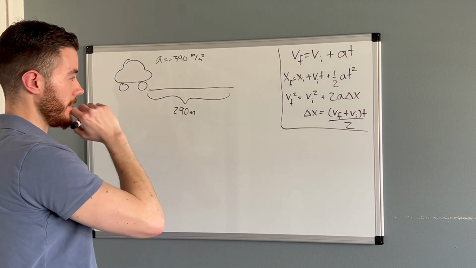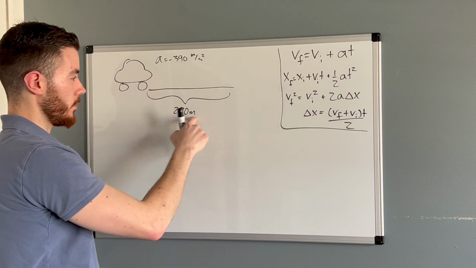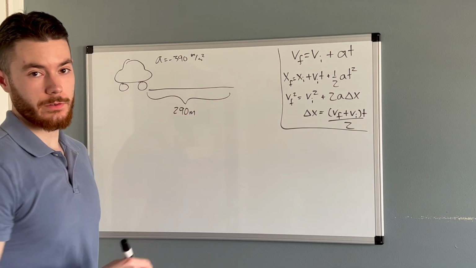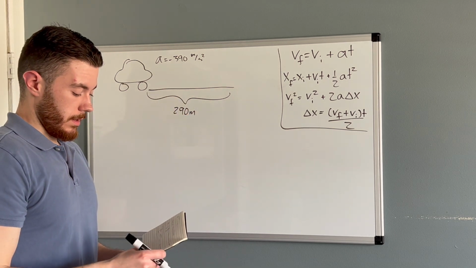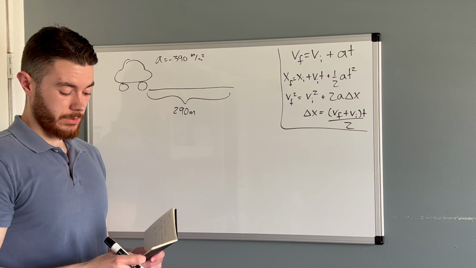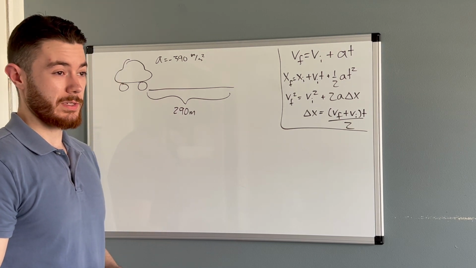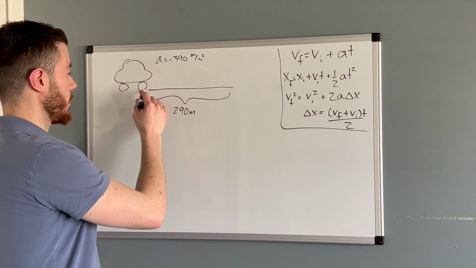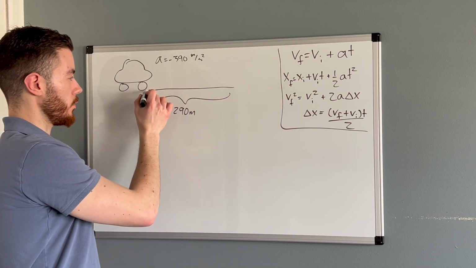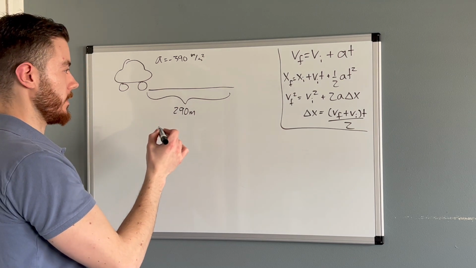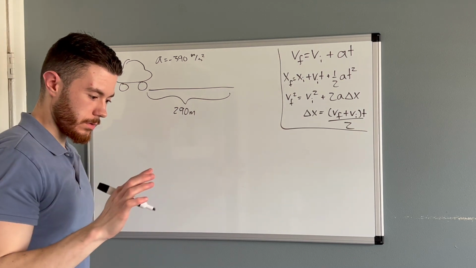So it hits the brakes right here, and this entire 290 meters, the acceleration is negative 3.90 meters per second squared. The problem asks us to determine the speed of the car before it began to skid. So what is the speed that the car has right here before it applies the brakes that provide the negative acceleration?